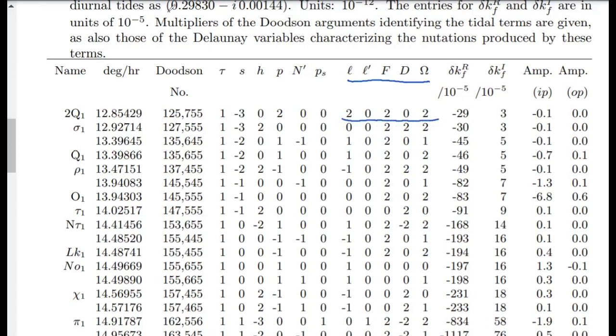So the NJs in the formula are here. You select the tidal constituent, and based on it you will have the Delaunay coefficients, and you will compute theta F from the Delaunay coefficients and GMST, Greenwich Mean Sidereal Time, and you have the phase and amplitude of each component.